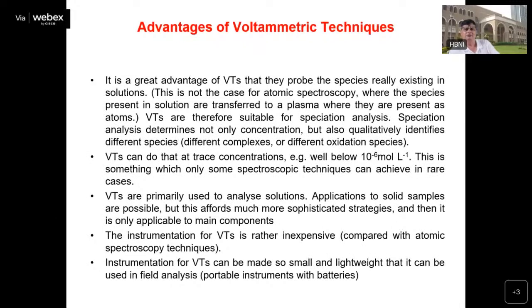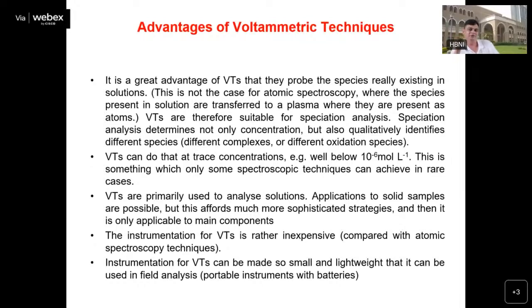Then, of course, here also the trace determination is well below 10 raised to the minus 6 moles per liter. And one of the most important and unique distinctions of this particular technique, and I think whether you had missed these words or not, is that we can determine not only the element, we can determine its chemical form.